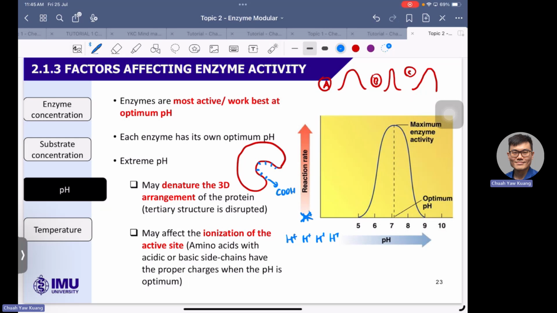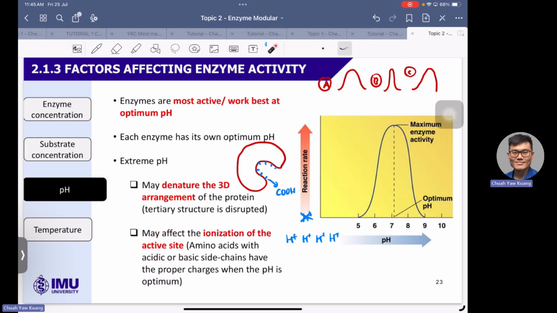So how is it going to form the bonding with the substrate? Cannot. No bonding can be formed, so the enzyme won't be able to recognize the substrate. The enzyme will fail to catalyze the reaction, and thus it will lower the rate of reaction. That is the ionization of the active site.